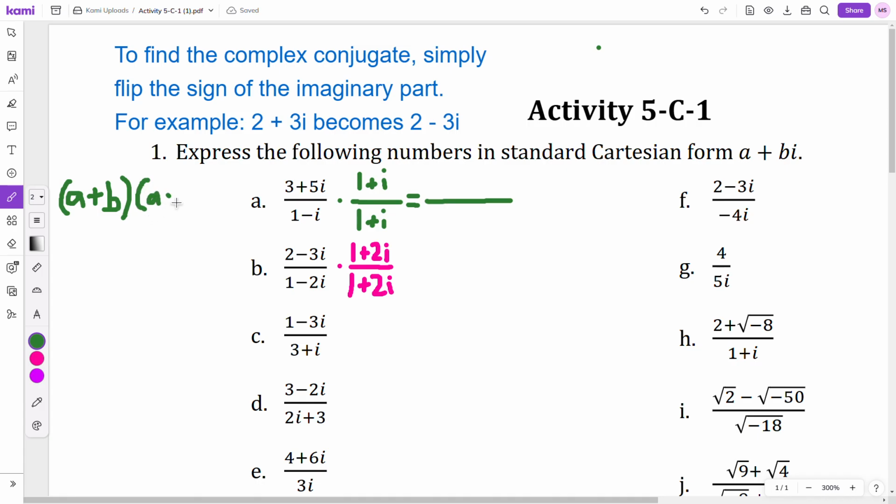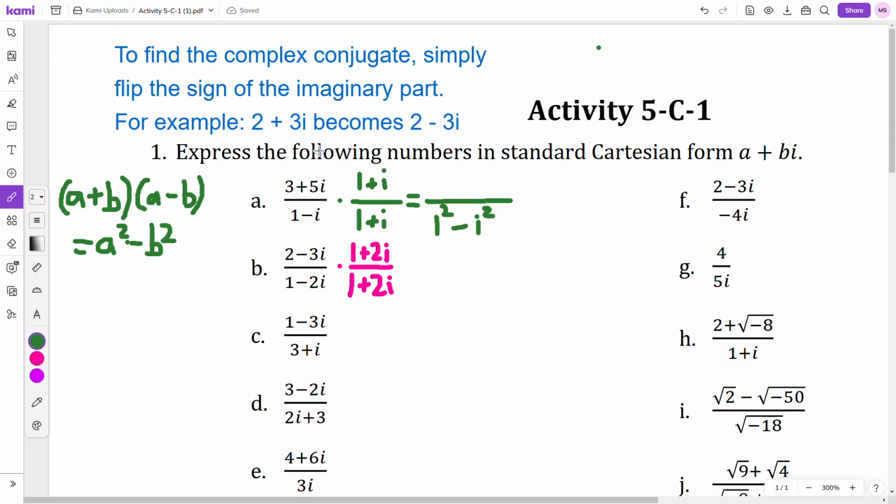And you learned that in that pattern, that product equals a squared minus b squared, didn't you? And so in this case, it's not a and b, it's 1 and i. So actually, we're going to get 1 squared minus i squared.